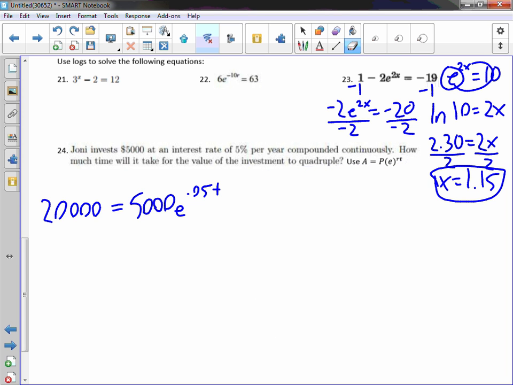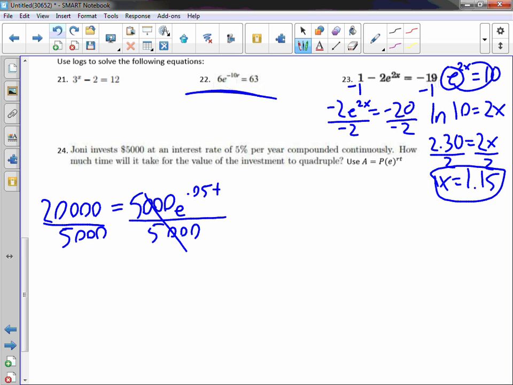So to do that, just like solving one of these guys, step 1 is get the e by itself. So divide by 5,000. We get 4 equals e to the 0.05 t. At this point, we will log it, or because it's e, we will use ln. Snail method, like I've been saying earlier, base and exponent, we're more comfortable on the left side.